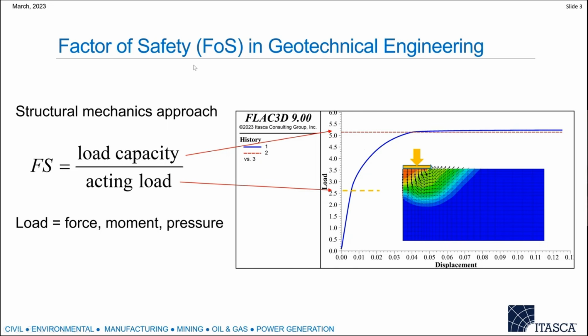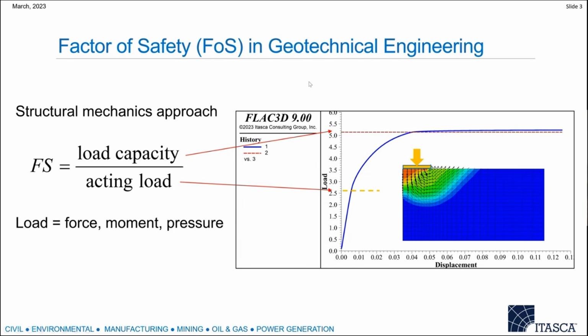The factor of safety usually is some number greater than 1. For example, if we assume that the factor of safety is 2, that means we only use half of the capacity during the design. We reserve some extra capacity for safety purposes.